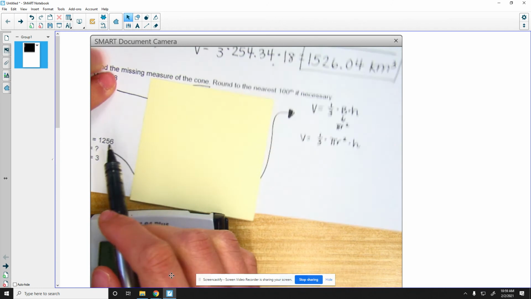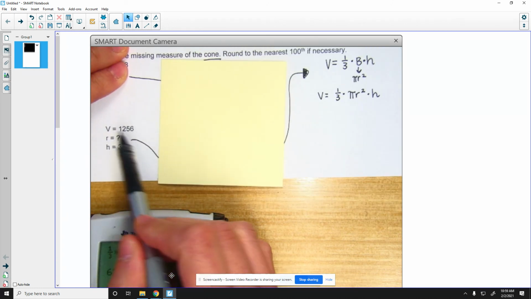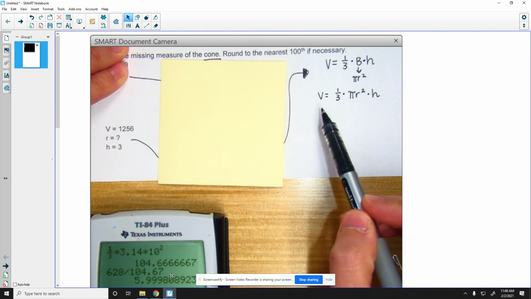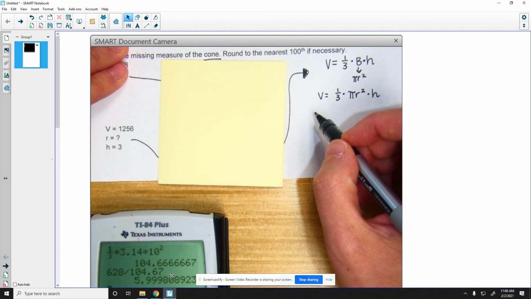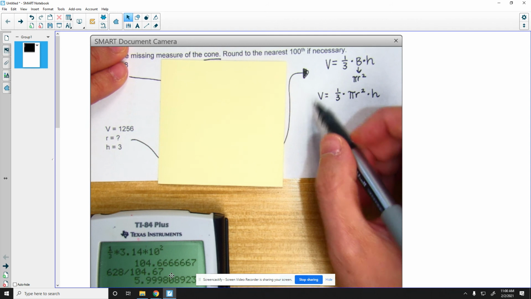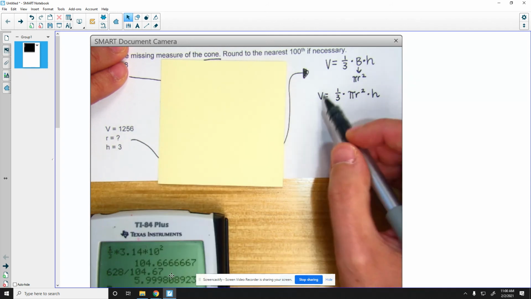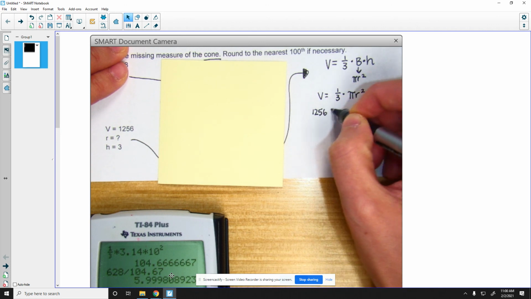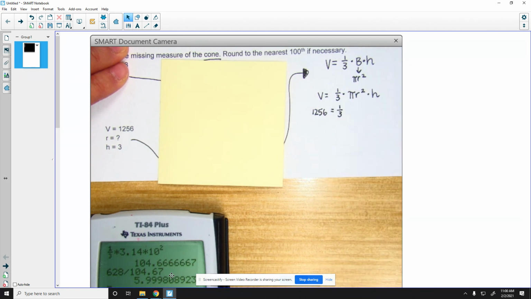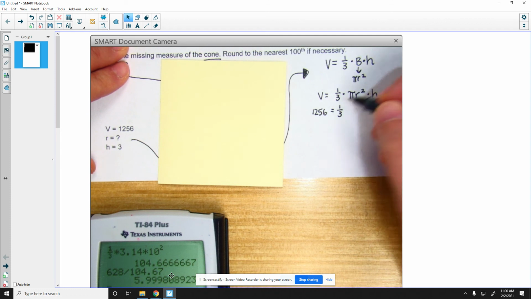Okay, so now here's all of the information that they gave me in the problem, and this is what I'm going to plug in. So capital V, what number am I putting in instead? Look at what they give you here, and then just plug in here. 1,256 equals 1/3 is just a number, so just recopy 1/3 times pi.